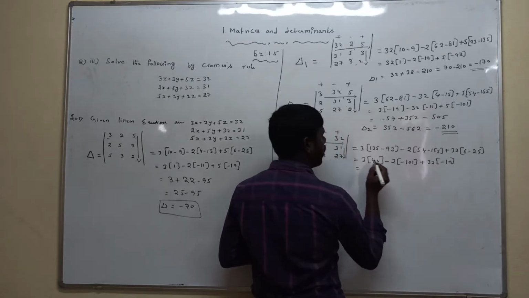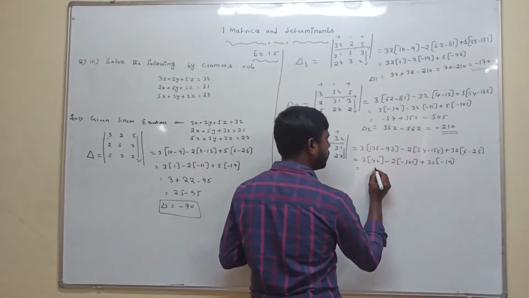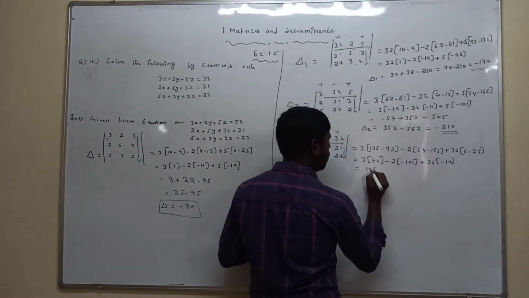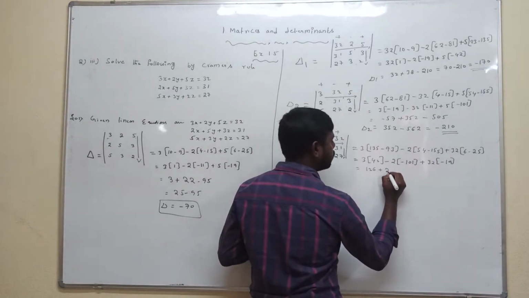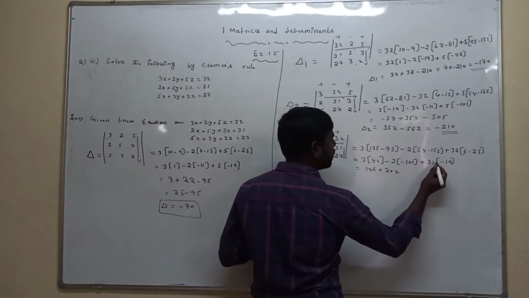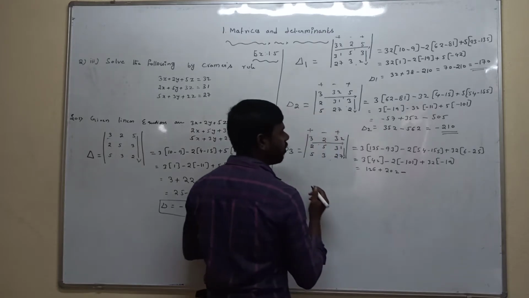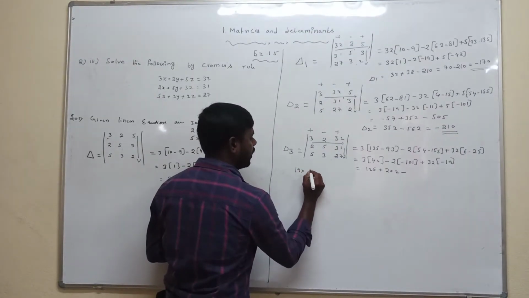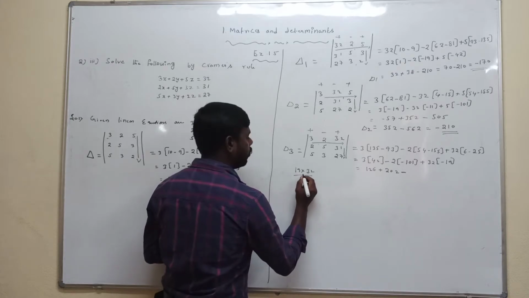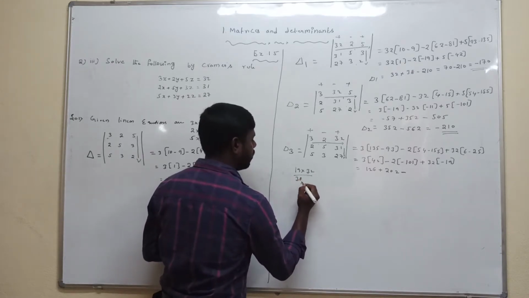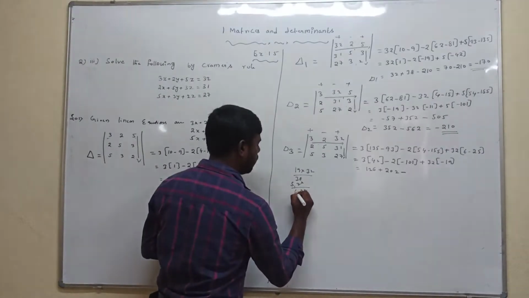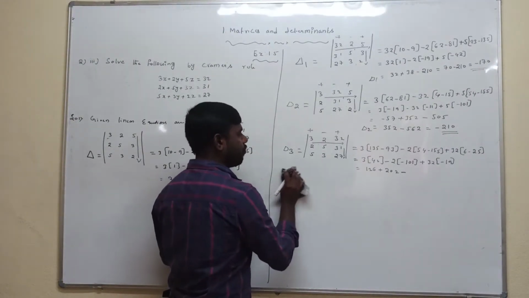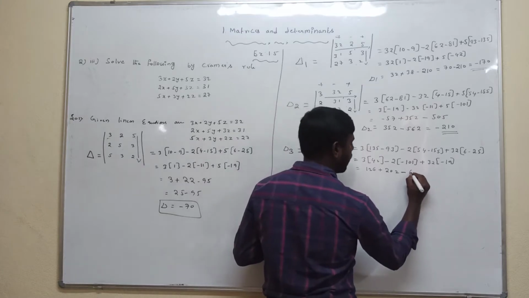Now 3 into 42, what is the value? 3 twos are 6, 3 fours are 12, so 126. Minus into minus, plus 101 into 2, that value is 202. Plus into minus, minus, what is the value of 19 into 32? 2 into 19 is 38, 3 into 19 is 57, that value is 608.